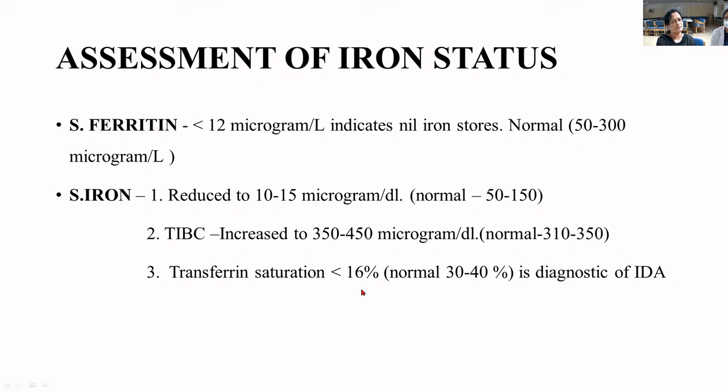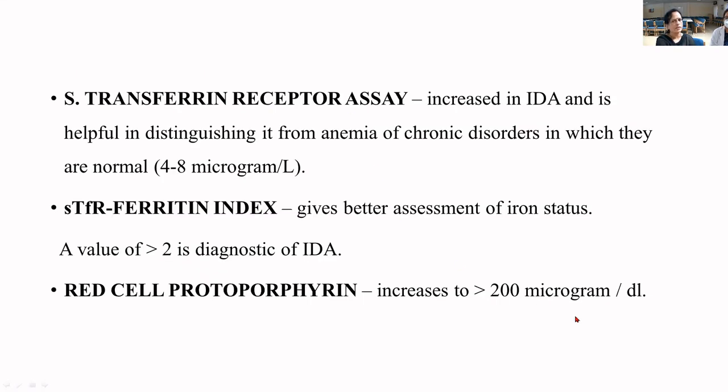Transferrin saturation, what is it? Transferrin is the protein, with receptors, which is useful for binding and transporting the iron. Since there is no iron, transferrin saturation is decreased. Normally it is 30 to 40%, so it is decreased. This is diagnostic of iron deficiency anemia.